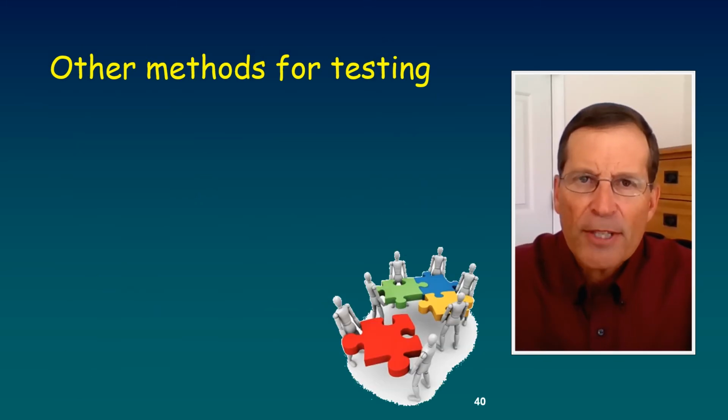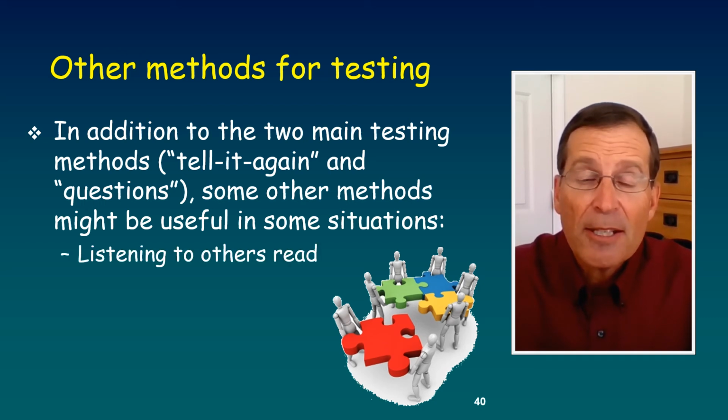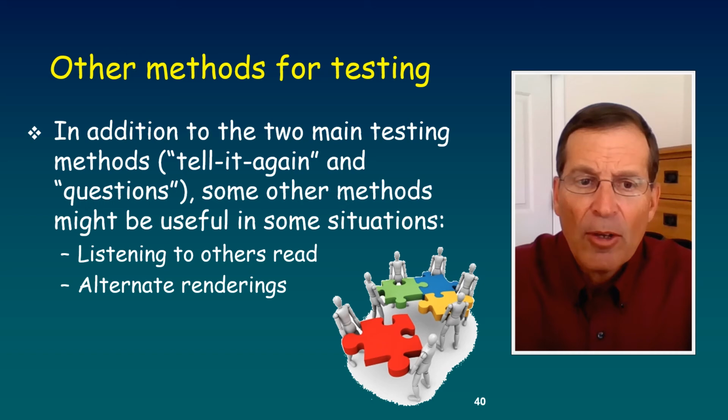Other methods for testing. In addition to the two main testing methods, tell it again and using questions, some other methods might be useful in some situations. Listening to others read, alternate renderings, trial editions.